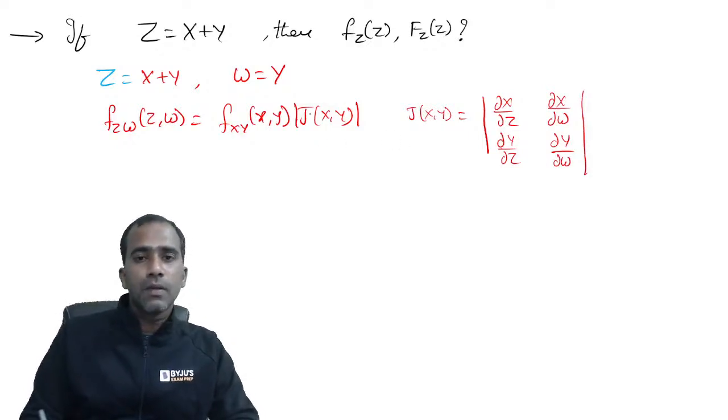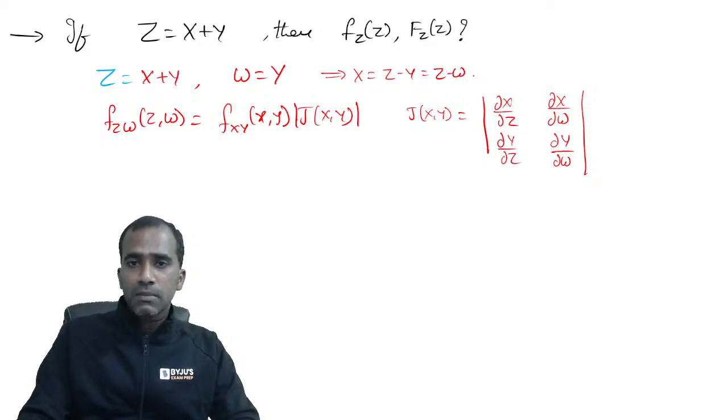Now we want everything converted from x and y to z and w. From this relation, can we express x and y in terms of z and w? x can be written as z minus y, but we want x in terms of z and w, not z and y. Since y and w are the same, we can write z minus w.